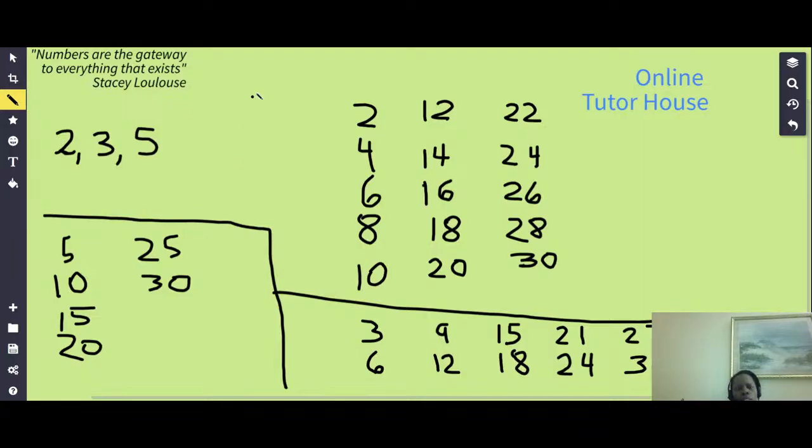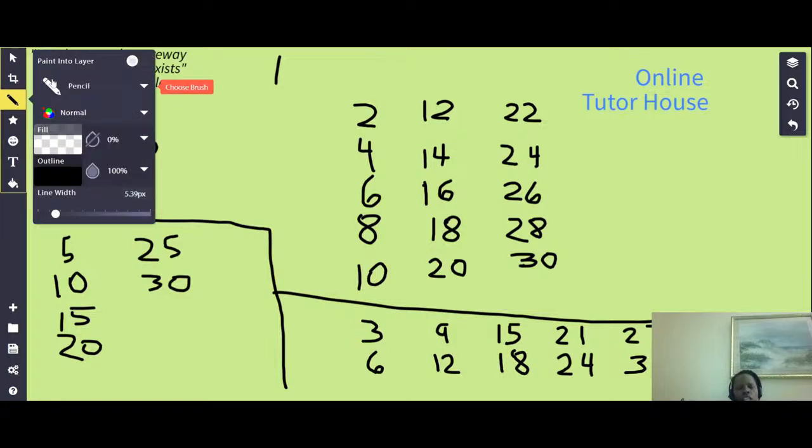Well, we already know 1 is the non-prime, right? So our list of numbers, 1. As we go along, I'm just going to check off the numbers we have.